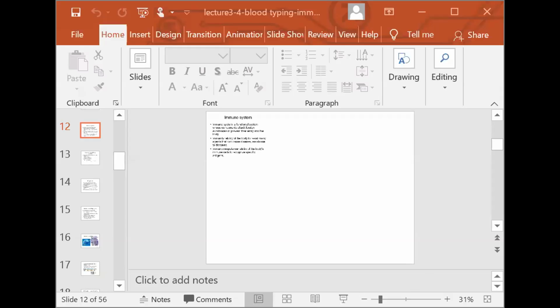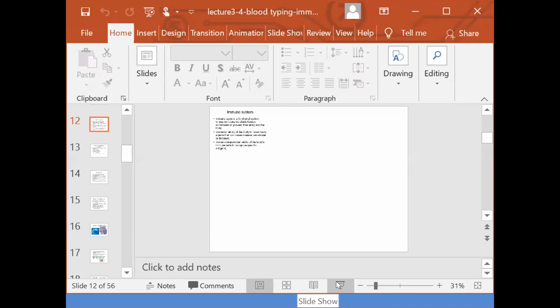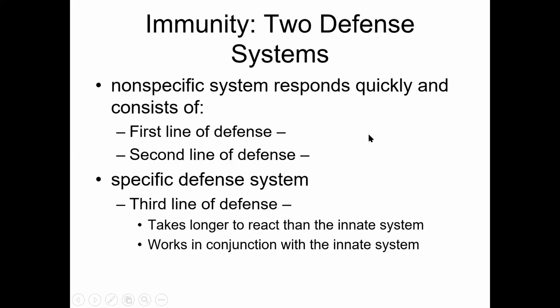Let me get my screen up here. Okay, so at the end of last lecture, I told you that you need to read this part, the non-specific immune defense system.